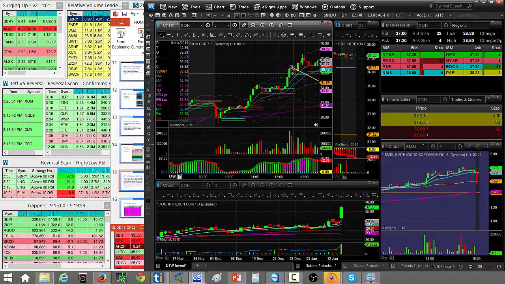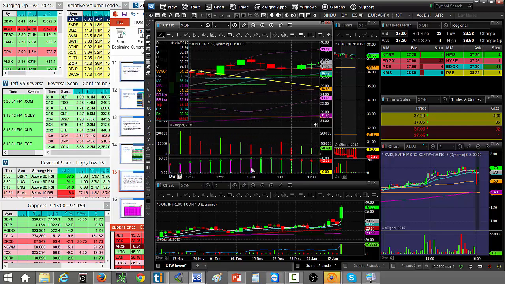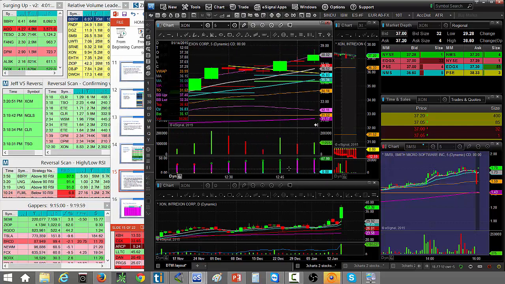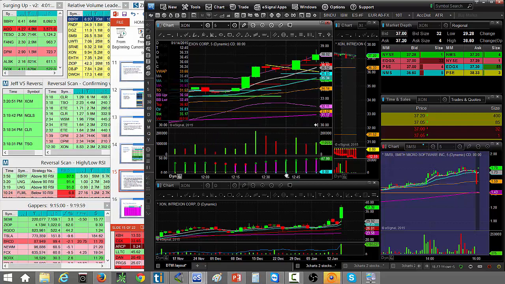I can visualize that, but this is plotting price and time. So if we stretch the time way out, this might not look like a bull flag anymore, right? This might just look like candles that are sideways, okay?